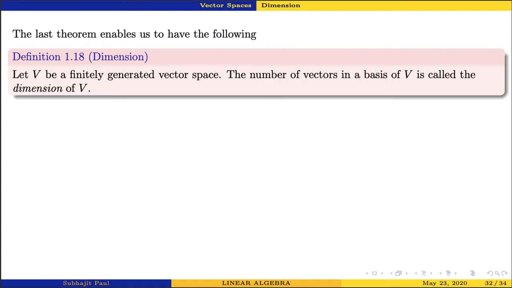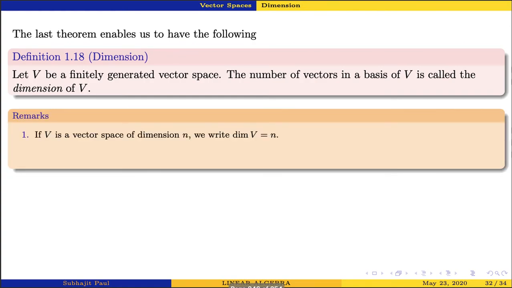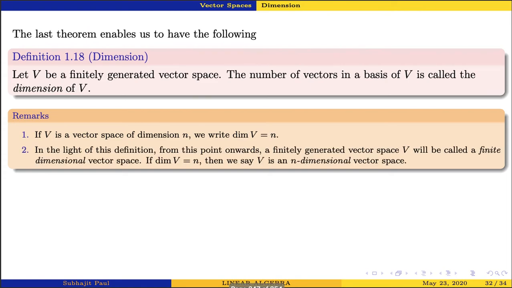The number of vectors in a basis of V is called the dimension of V. If V is a vector space of dimension n, we write dimension of V equals n. In light of this definition, from this point onwards, a finitely generated vector space will be called a finite dimensional vector space. If dimension of V equals n, then we say V is an n-dimensional vector space.